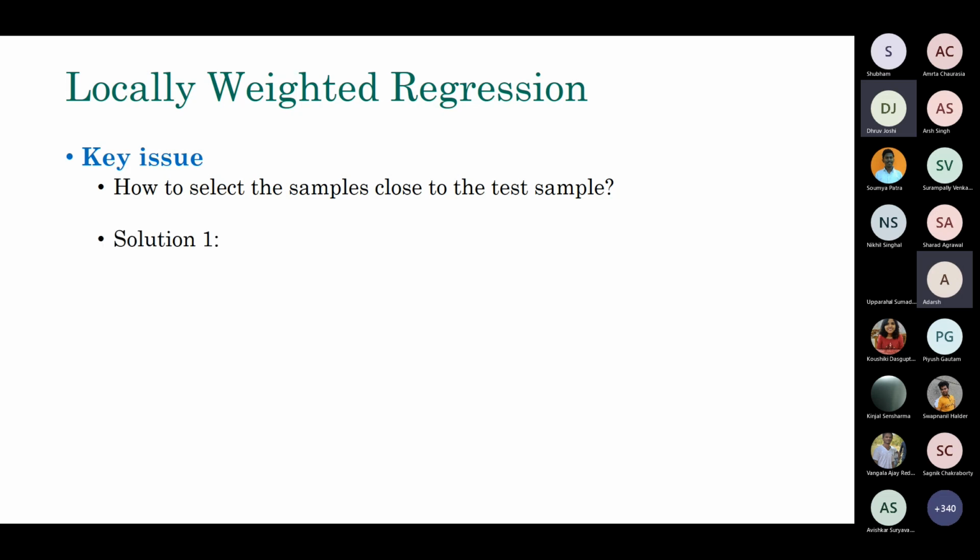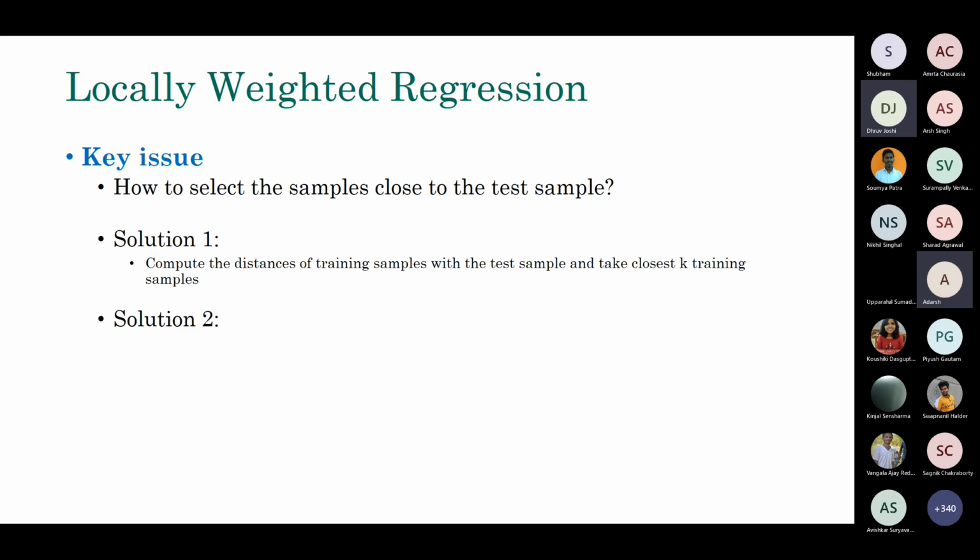Solution number one: the obvious thing that you could do is compute the distances of training samples from the test sample and take the closest k training samples, just the closest k based on the distance values. Now you can use those samples to build your linear regression function.